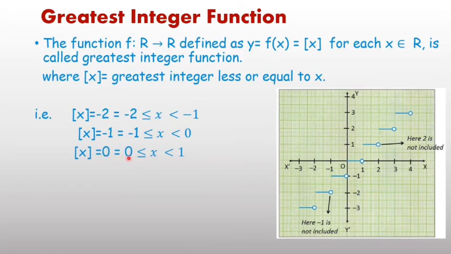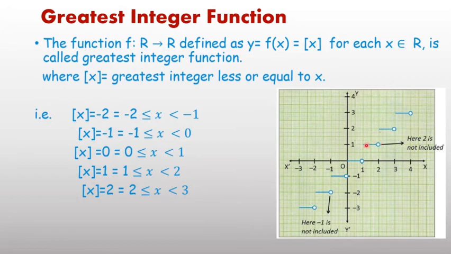Its value is 0 if x is between 0 and 1 including 0. Similarly for 1 and 2, and the graph is here. Here the graph represents that 2 is not included, we take less than 2, but 1 is included here, as written, x greater than or equal to 1 and less than 2.